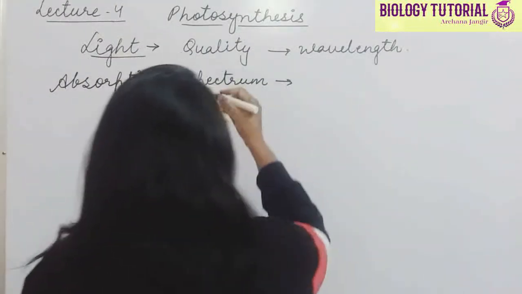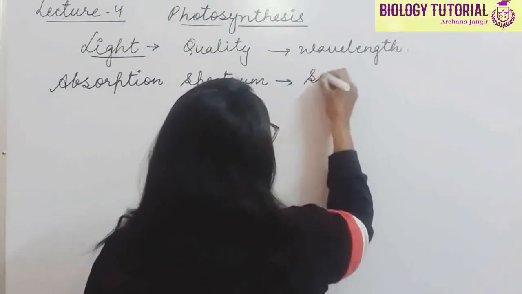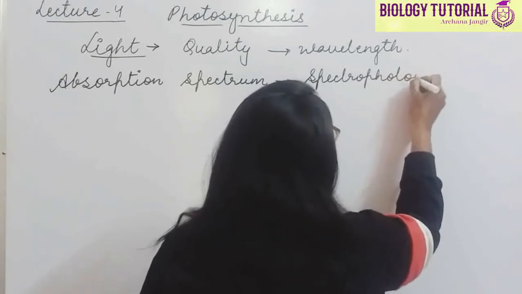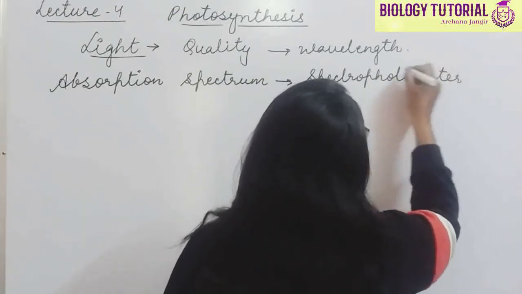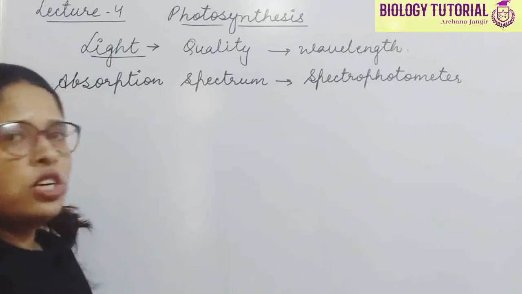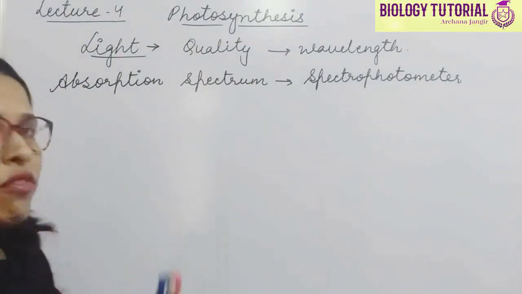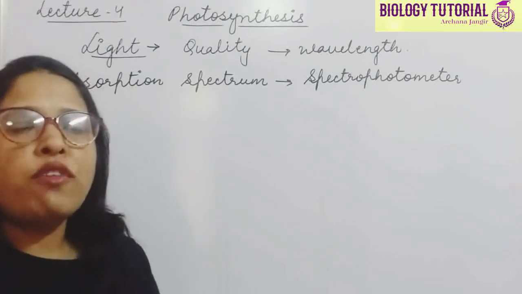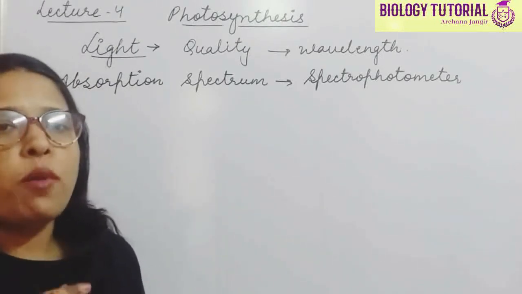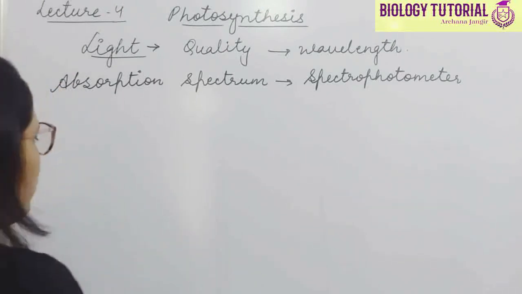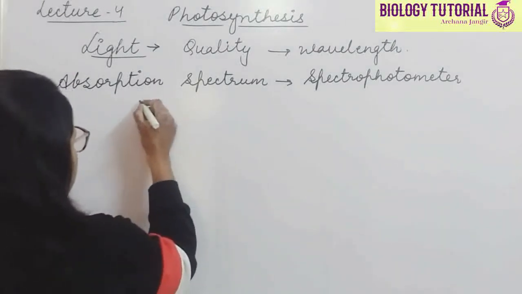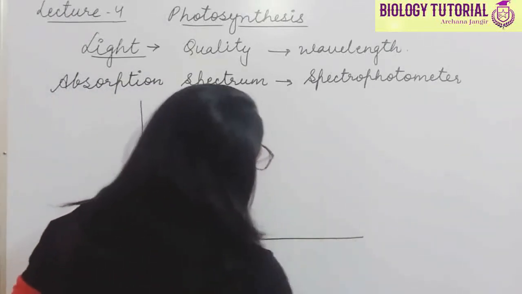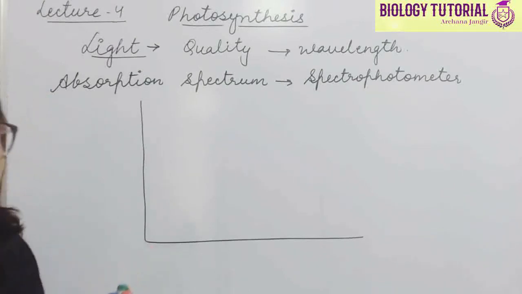Okay? This is the instrument which is used to measure the spectrum of light. From the result of this spectrum, we are going to obtain a graph. So here is the graph, which is obtained by using a spectrophotometer.